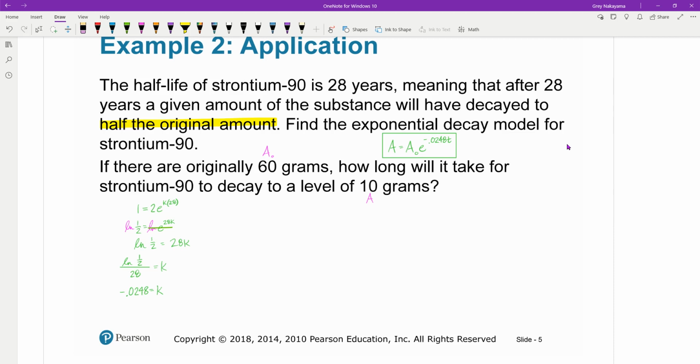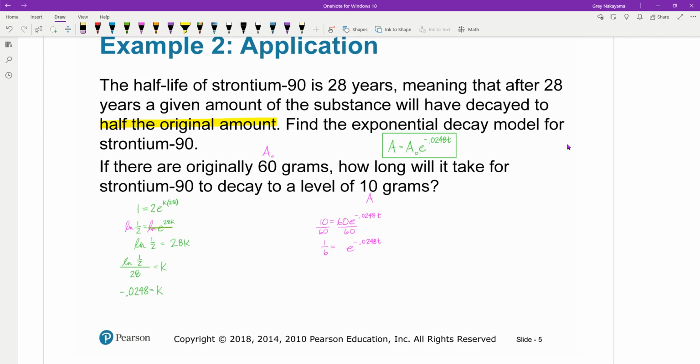So I'm going to plug in 10 for the final amount and 60 for the initial amount. So that's going to be 10 equals 60 times e to the negative 0.0248t. You got to divide by 60. And so that means that 1/6 equals e to the negative 0.0248t.